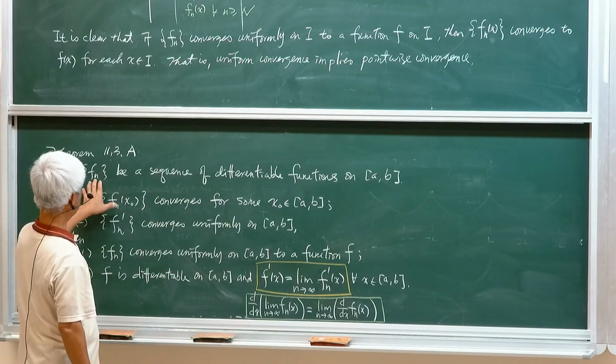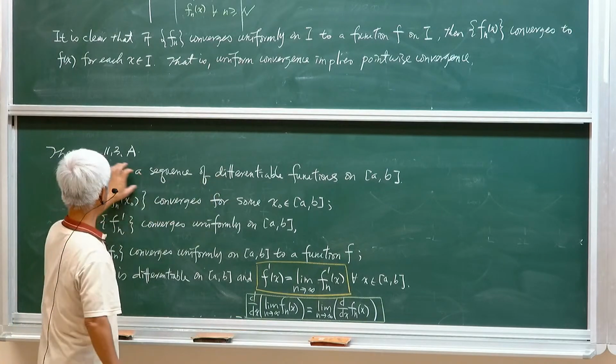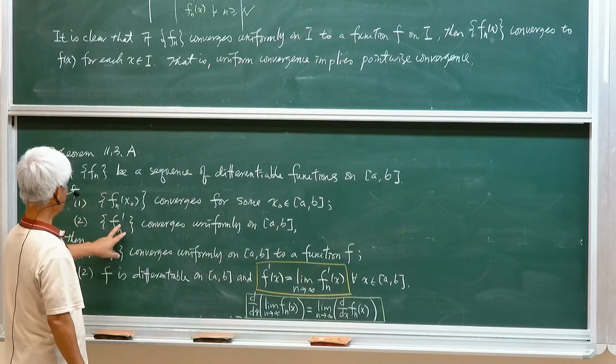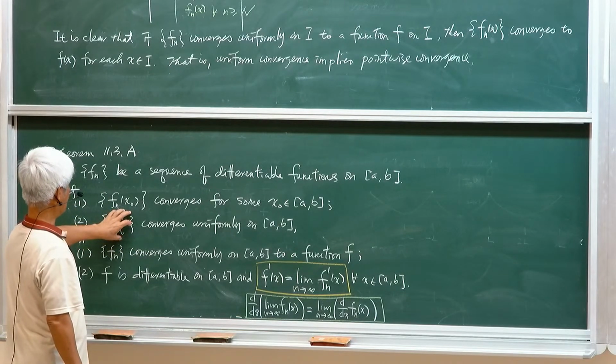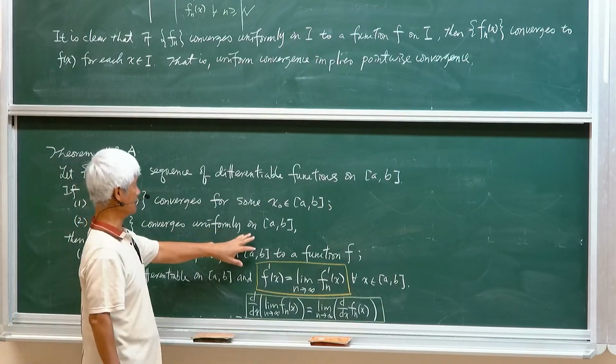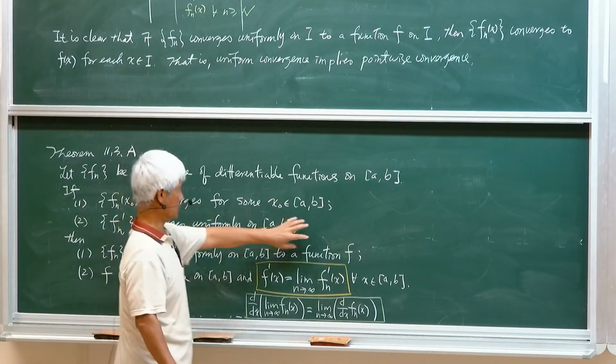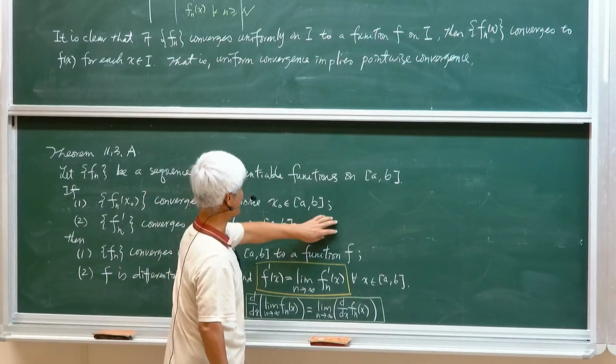For a sequence of differentiable functions, you have to check that the sequence of their derivatives converges uniformly on AB to a certain function.